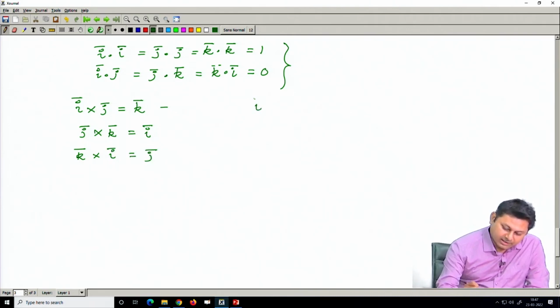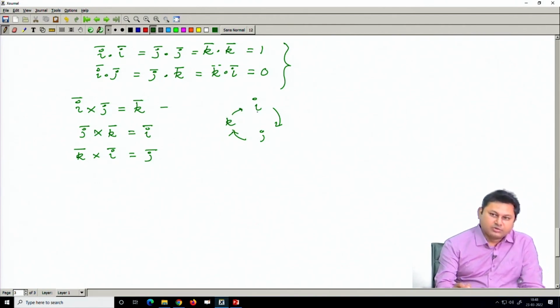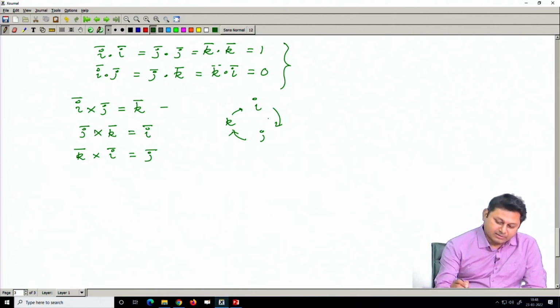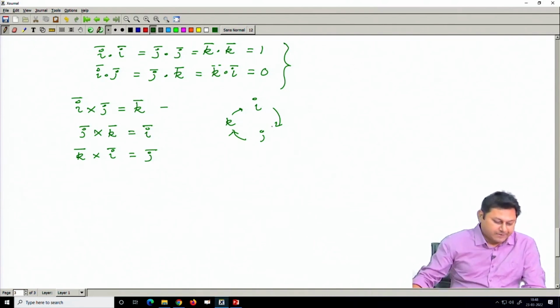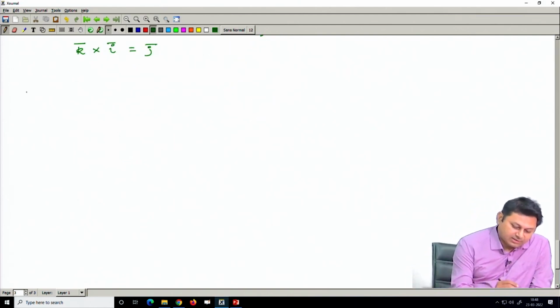They are forming the cyclic thing. i cross j, it should be k, j cross k it should be i, and k cross i it should be j. Well, after that we have a coordinate system which is the cylindrical coordinate system, very very important in electrostatics, and this is the next coordinate system.